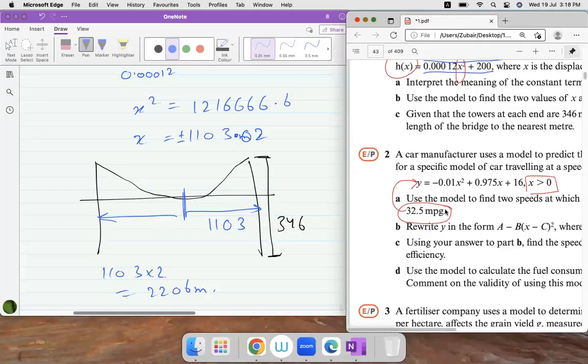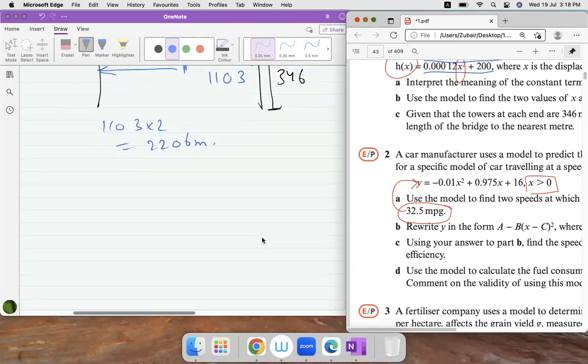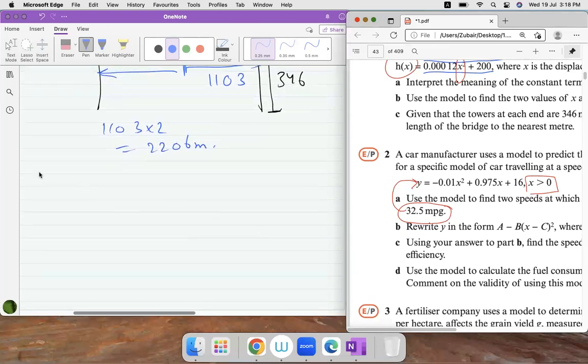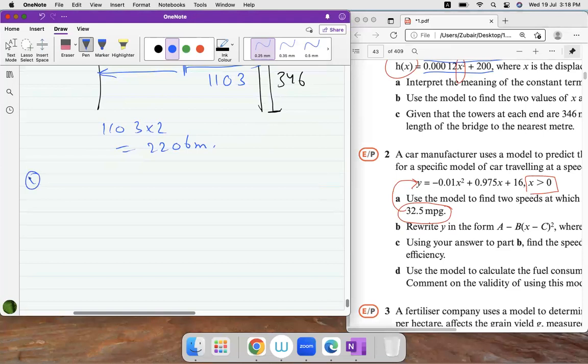How are we sure that we will get two values? X is above 0, and there's no information regarding the discriminant.